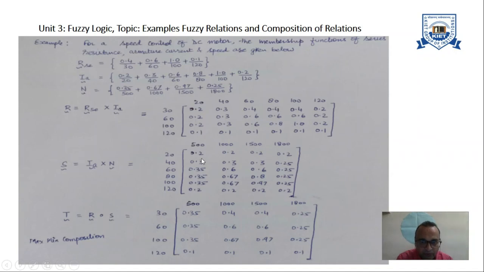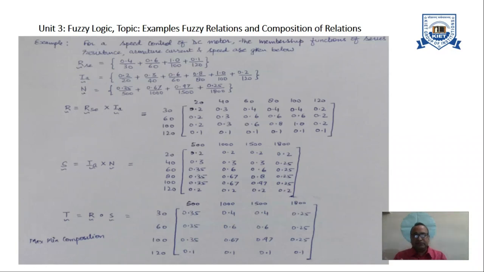Then 0.4, and then for 100 to 500 it is 0.35. Then 0.2, and 0.2 to 500, its value is 0.2. Out of these different values, we choose the maximum one. So the maximum is 0.35. That is why it is coming here. In the same way, we will populate all the membership values of the ordered pairs of R, series resistance, with N.